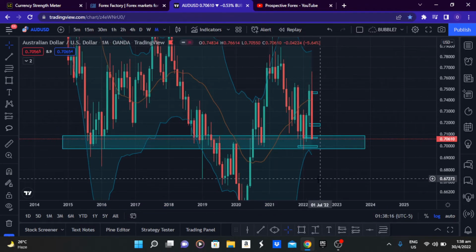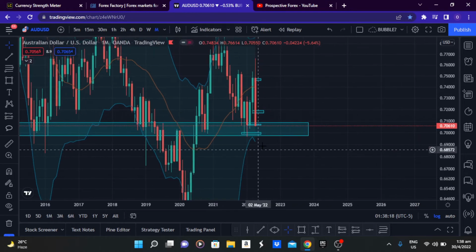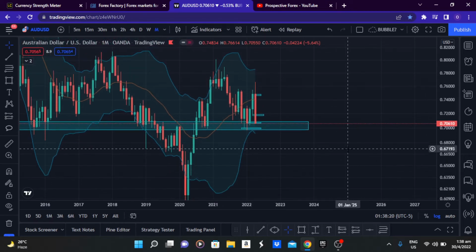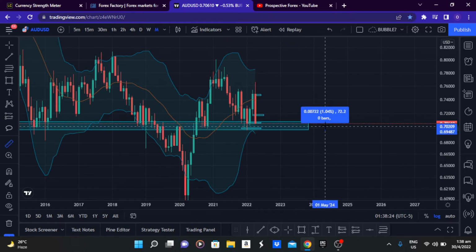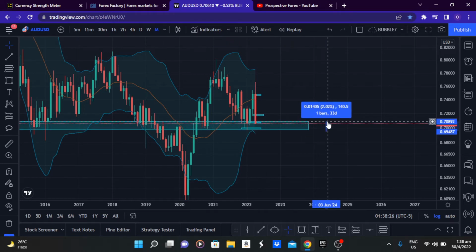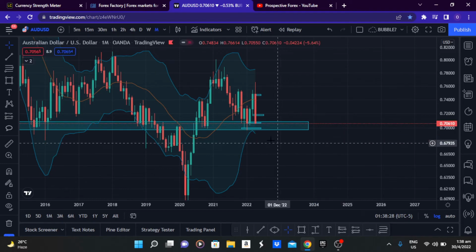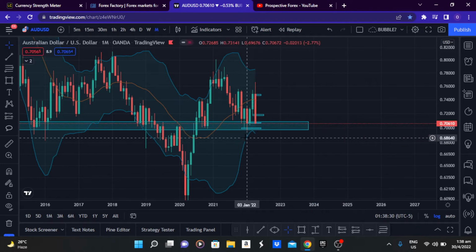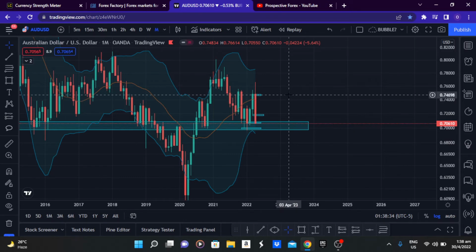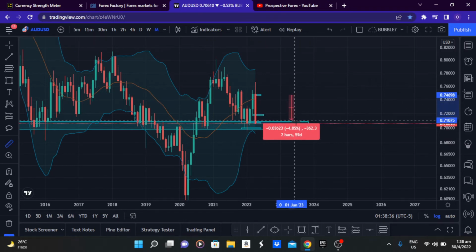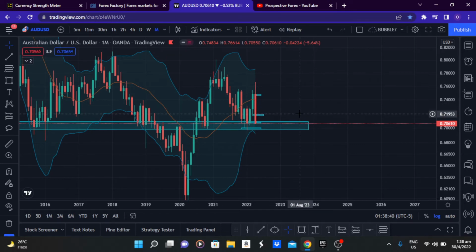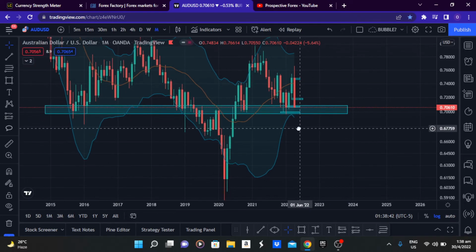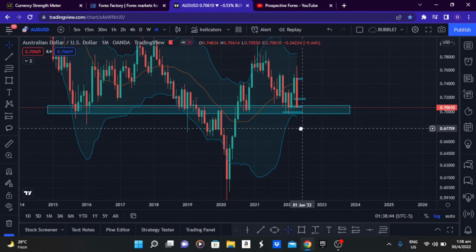A major support here. But what I'm assuming is that price will break here. So we have about 140 pips left to break this level. That's practically around a week or two, yeah, around 2 weeks, two weeks at max.